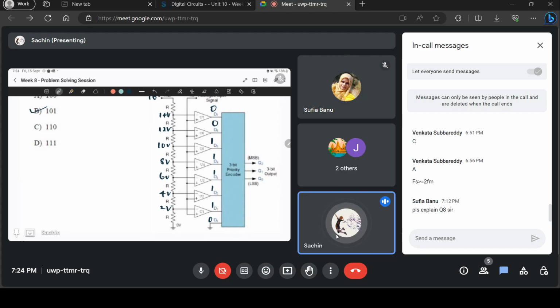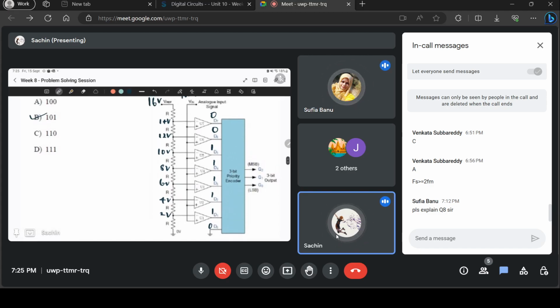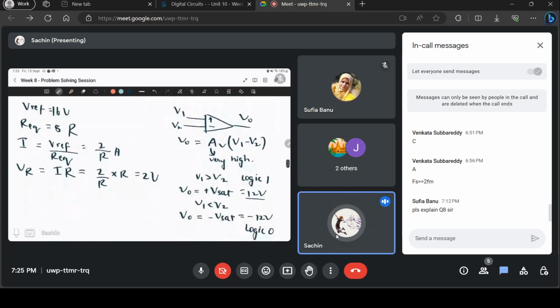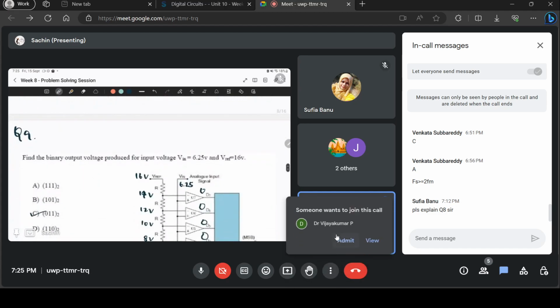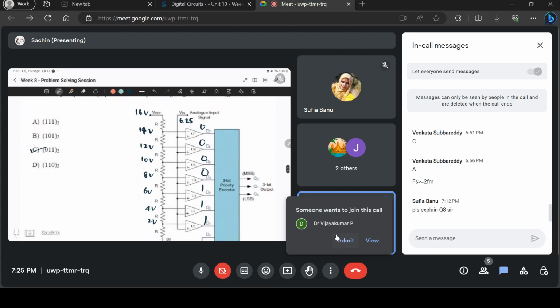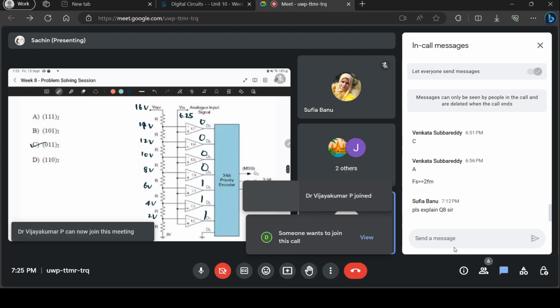So this particular priority encoder will give preference to D5, and the output of that encoder will be the number 5. In binary, 5 is 101, so the output is 101. If you want to understand it better, you can try the next question yourself. The answer I have also given. You can try it and see whether you understood it or not.